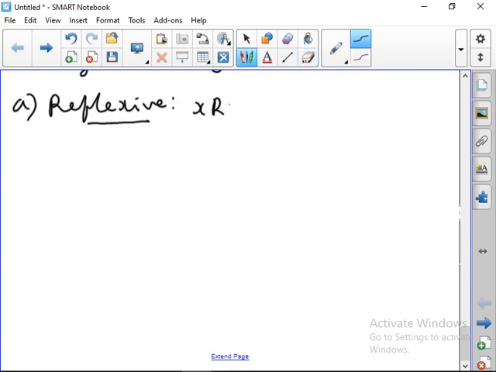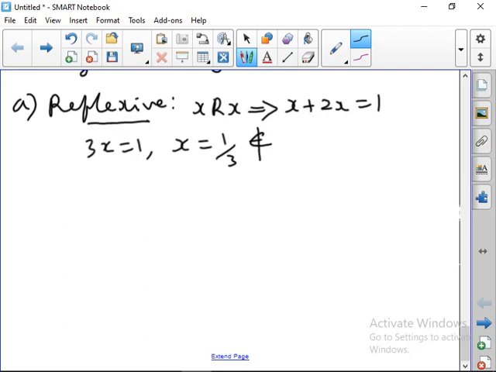Okay, x related to x means here x plus 2x is equal to 1. So 3x is equal to 1, so x is equal to 1 by 3. But this does not belong to N. So what do we have? R is not reflexive. Okay, R is not reflexive.